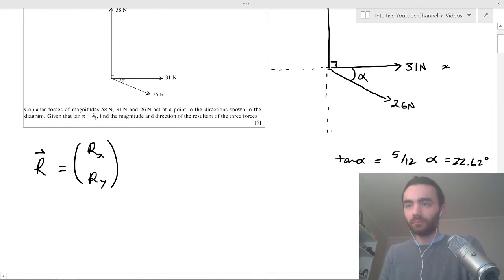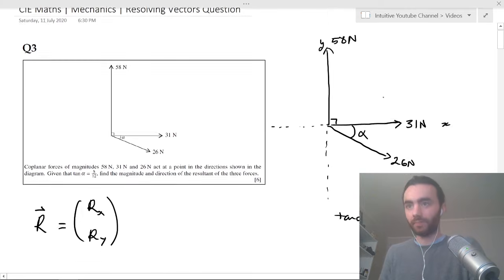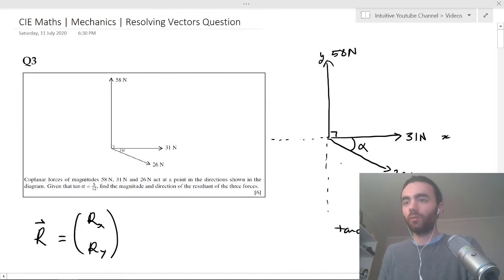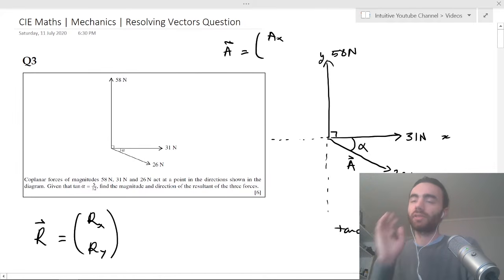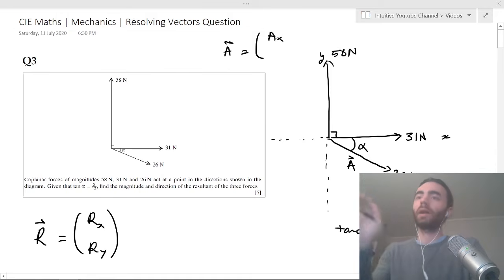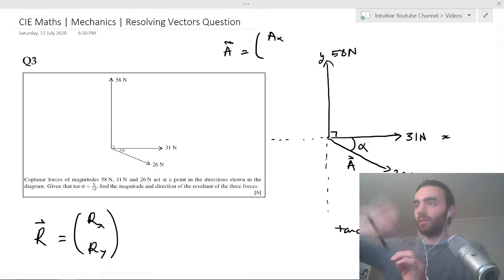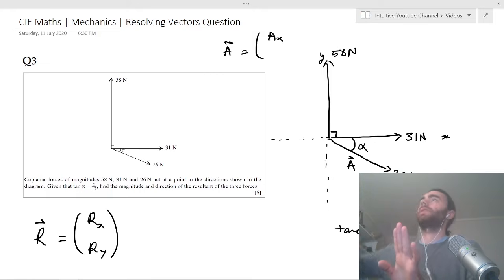So you'll see what I mean by that in a minute. What I'm going to do here, first of all, is call this vector A, this one acting at an angle. Just like our vector here, this has an X component. Remember, AX is just the X component, because a vector is made up of the X and Y components, and then acts in that direction in the X and then in the Y.